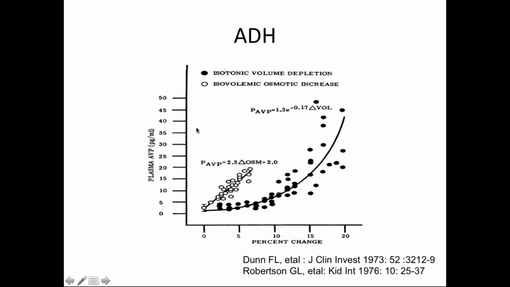On the y-axis is the ADH level, and on the x-axis is the percent change in either osmolarity through osmotic isobol changes, or volume depletion, which is with the full dots, and the white circles are the osmolarity changes.